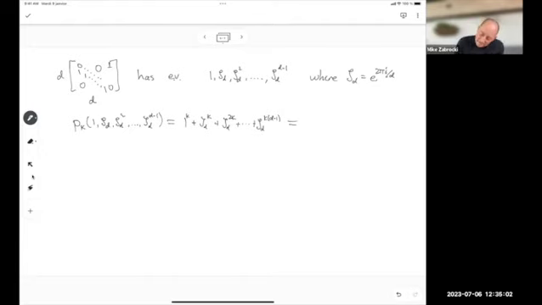You can work this out: the sum adds up to D if D divides K, and it's equal to 0 otherwise. So I'm going to denote this thing right here as P K of psi D.